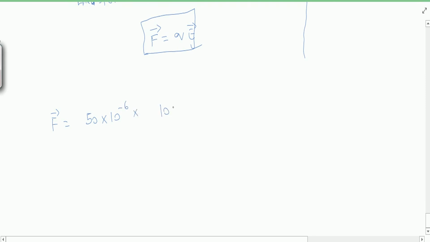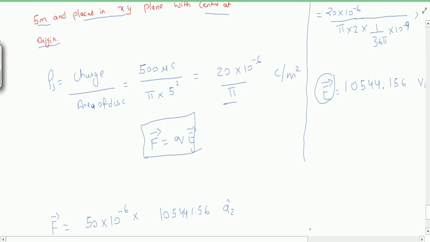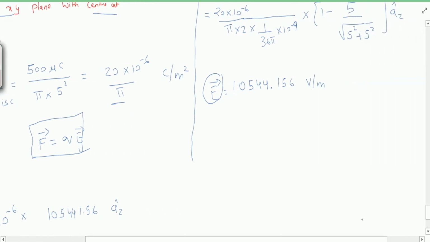It is 105,441.56. So if you solve this, the direction is az cap. Yes, obviously the direction is az cap. Here also it is az cap only.